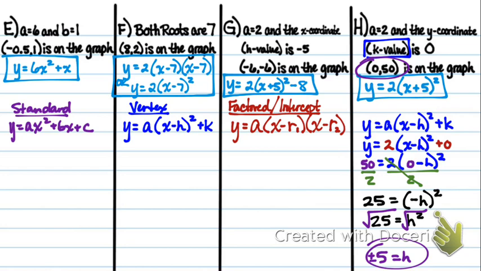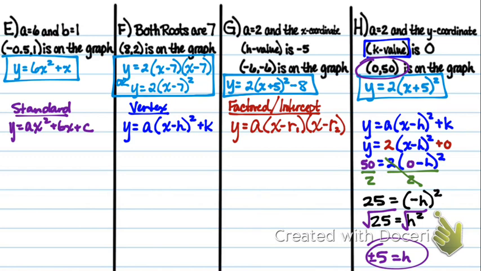Yes. If I write the equation as (x minus 5) squared, yes, that one also goes through (0, 50). So either way, whether you use the plus or the minus, it gives you the correct answer.